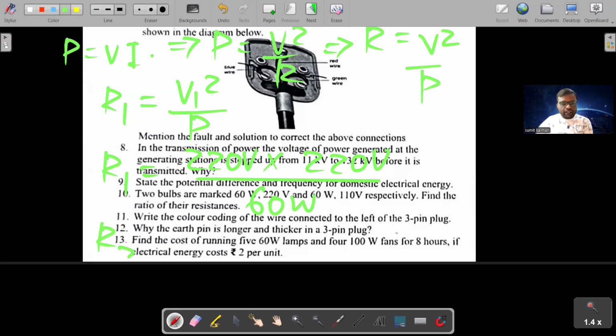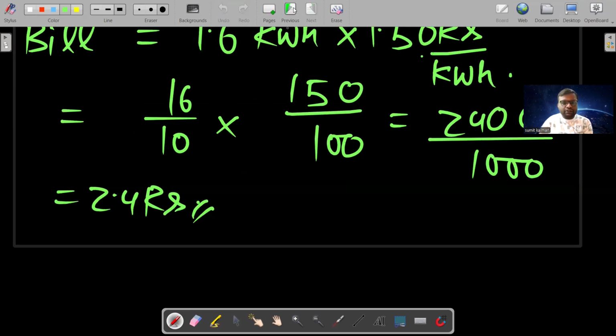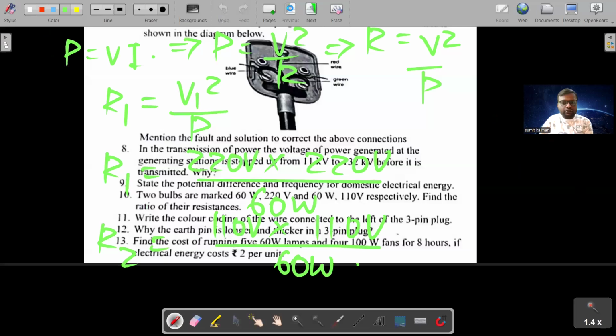And resistance R2 will become 110 volt into 110 volt upon 60 watt. And we have to take the ratio of the two resistances.